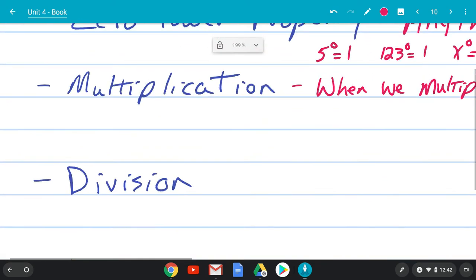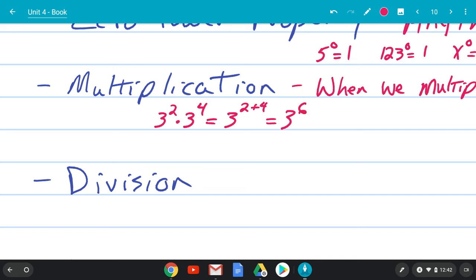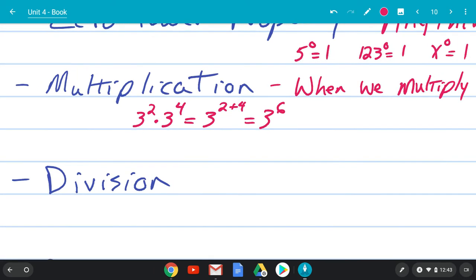So let's get some examples here. Let's say I have 3 squared times 3 to the 4th. Well, that ends up being 3 to the 2 plus 4, which is 3 to the 6th. Now, how does that work? Why does it work like that?